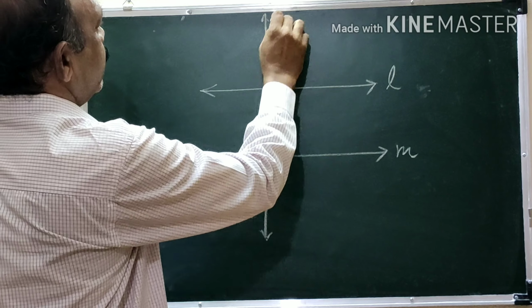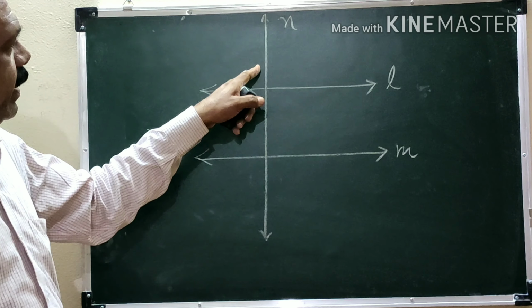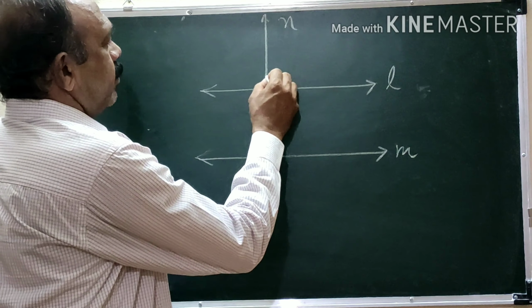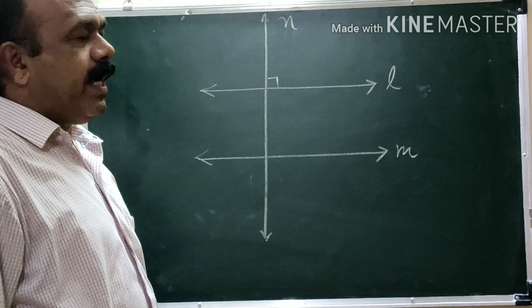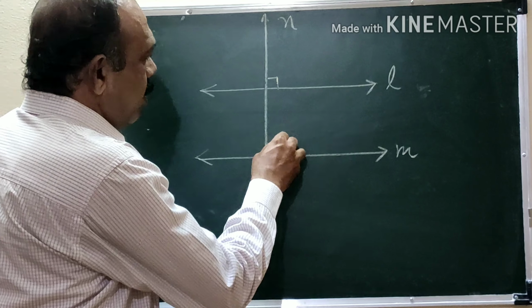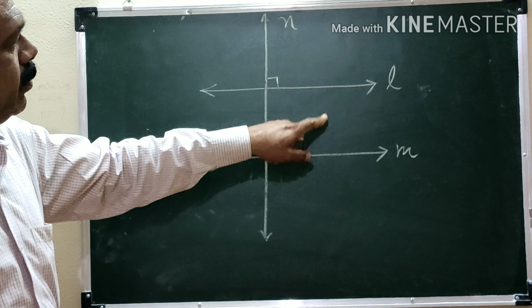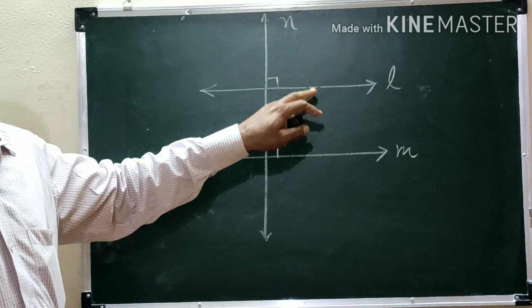Now, if one line is perpendicular to line L, and it is also perpendicular to line M, that is, if one line is perpendicular to two lines, then these two lines are parallel to each other.